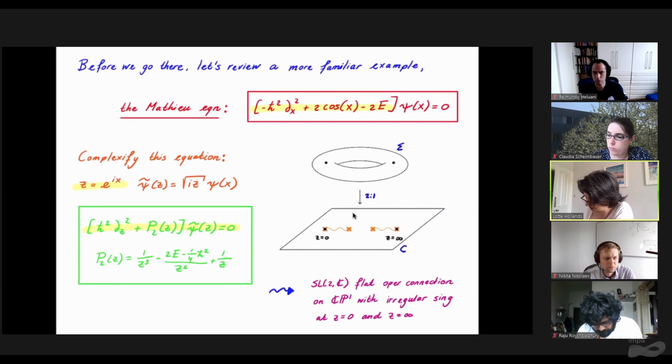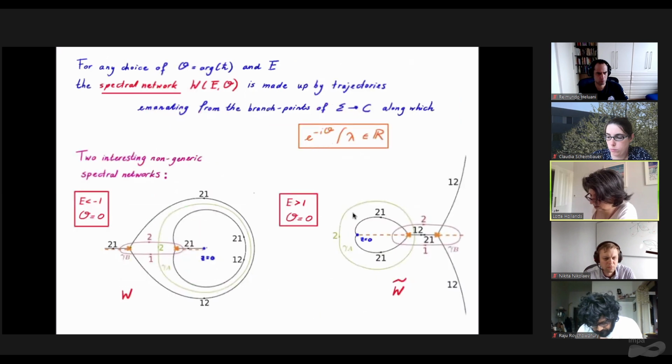So again, as we've seen in the beginning of the talk, the semi-classical limit of this will be the spectral geometry as shown on the right. Right, so exact WKB depends on a choice of phase, theta. And that phase theta was equivalent to choosing a spectral network. So what is a spectral network?